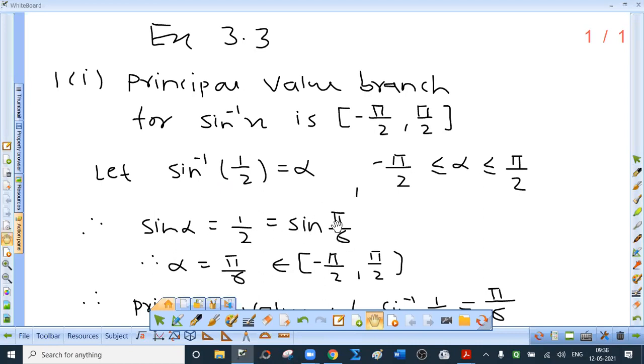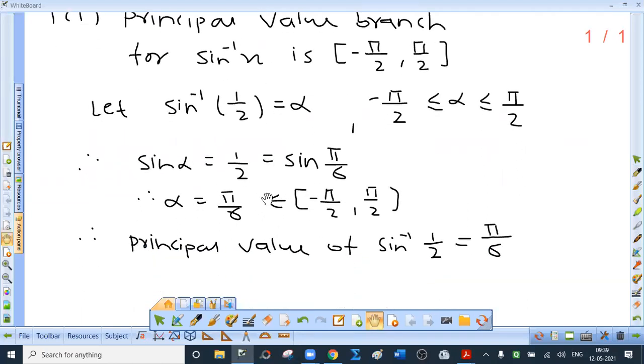Actually, there are so many angles having the same sine ratio, but I have to see that that angle belongs to this particular interval. So that is pi by 6.